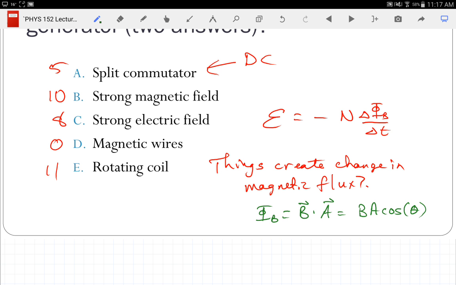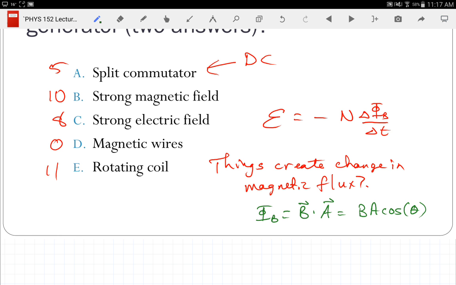What things would create a change in magnetic flux? Okay, change in magnetic field strength. What else? Change in angle or change in area. Any one of those three things will induce an EMF.